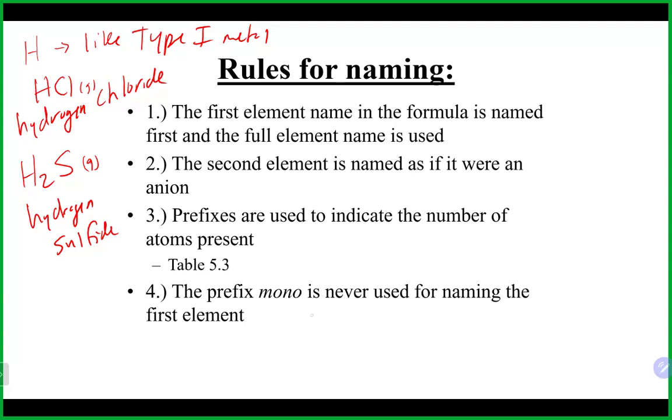Remember as well, though, we do have things like NH3, which is ammonia, and we don't use nitrogen trihydride. We also have H2O, which is water, not dihydrogen monoxide. So don't use those sorts of names. Use the common name. And we also saw methane before as well.